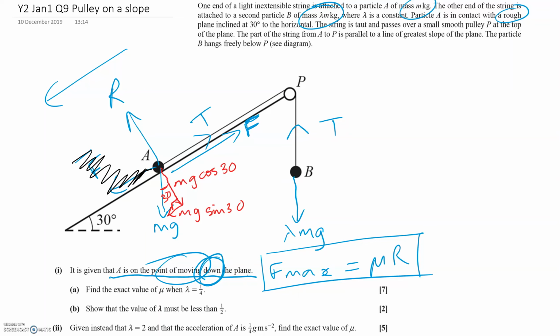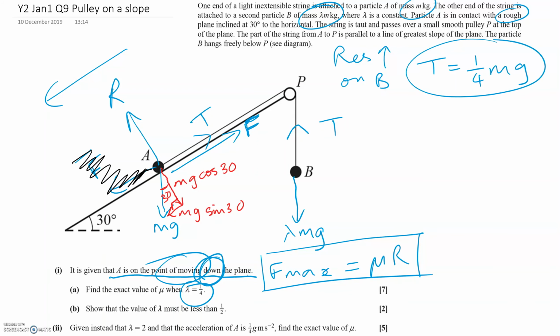So resolving some forces then, if we look at the forces on B, if we resolve vertically on particle B, we can see that T, the tension going up, must equal lambda mg, but it tells us in the question that lambda equals a quarter, so that's going to be a quarter mg. So T is a quarter mg.